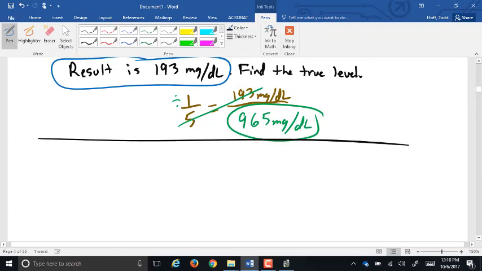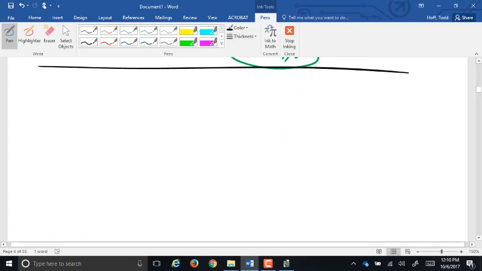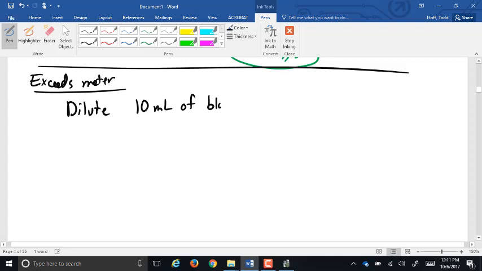It might be less confusing for you if we put the whole problem together at once instead of breaking it down step by step like that. So I'm going to give you a problem here. Again, we have a patient that exceeds the meter. Or we suspect they exceed the meter at least. So we are going to dilute 10 milliliters of blood with 20 milliliters of normal saline.